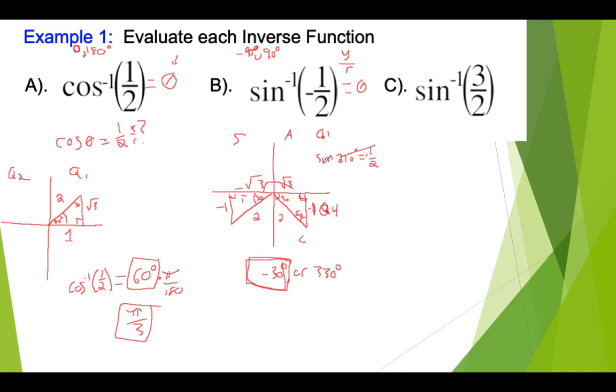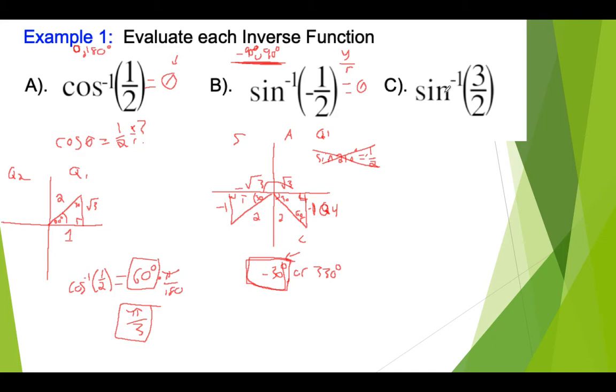And so we're only going to talk about the values in the range. So technically there are more angles that would get the same ratio, but we're looking for the answer in the range. Okay? And so the correct answer would be negative 30 degrees.